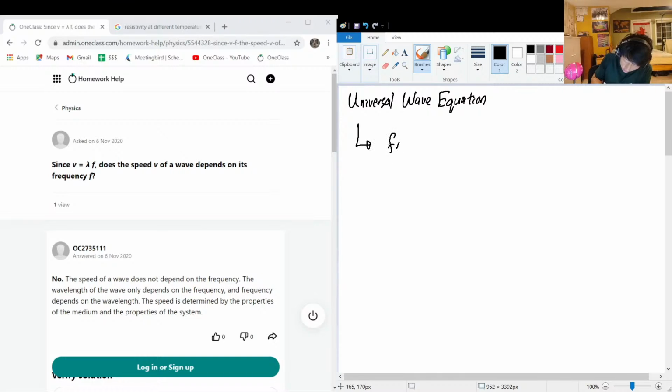I'll write it the same way that they have it here. So velocity of the wave is equal to the frequency multiplied by the wavelength.